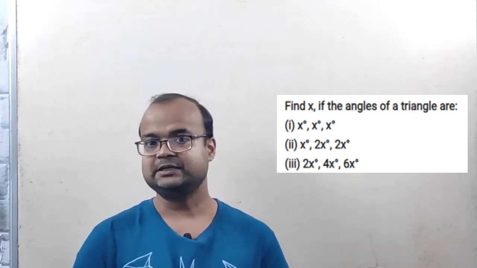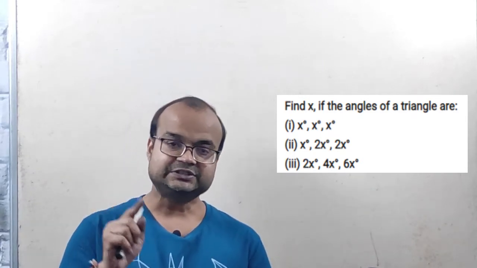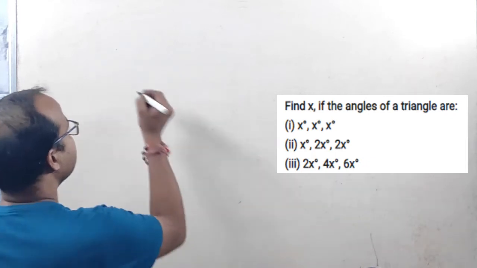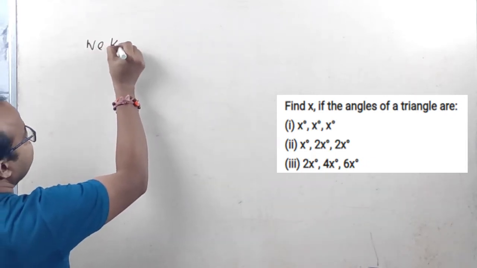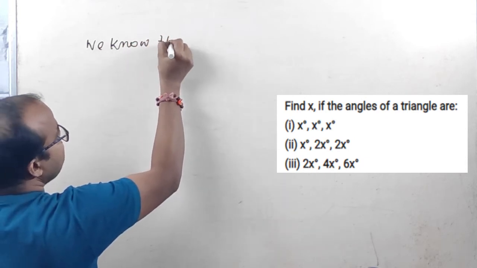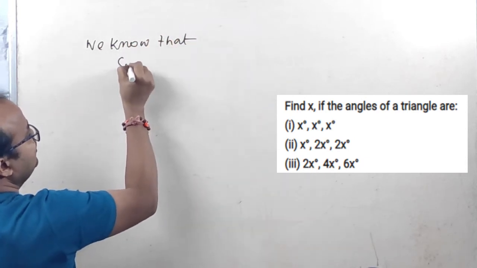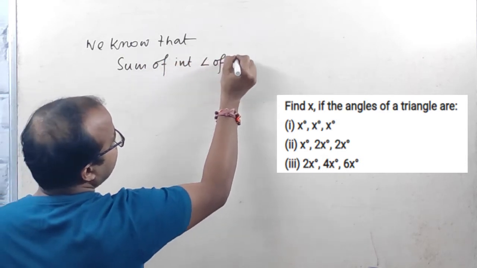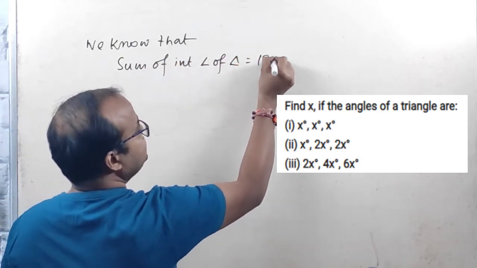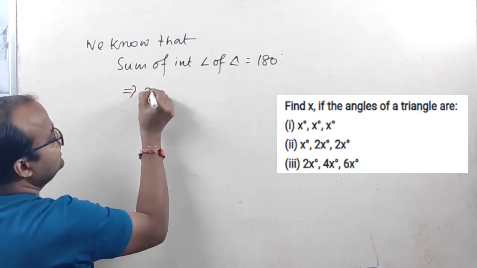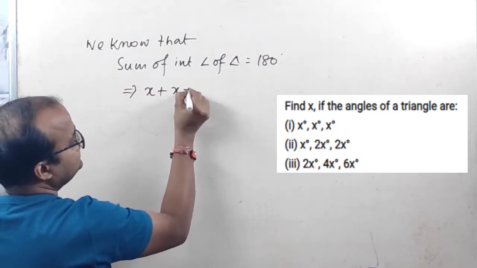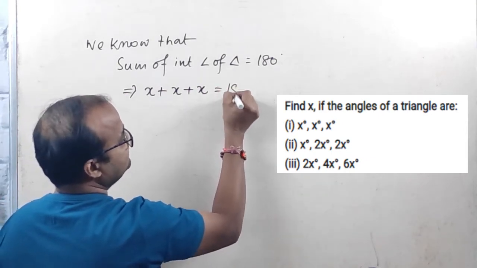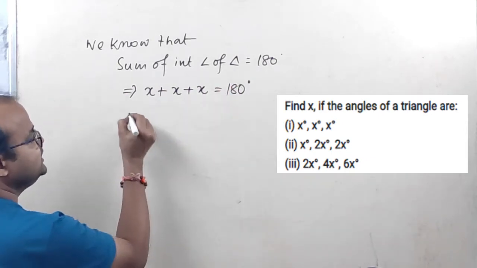So we know that in a triangle the sum of the internal angles equals 180 degrees. The angles are given as x and x and x, so we can say x plus x plus x equals 180 degrees.